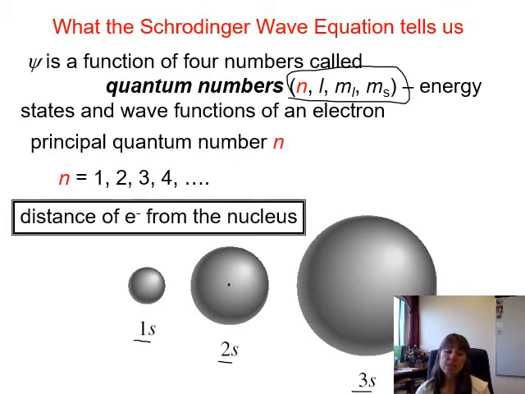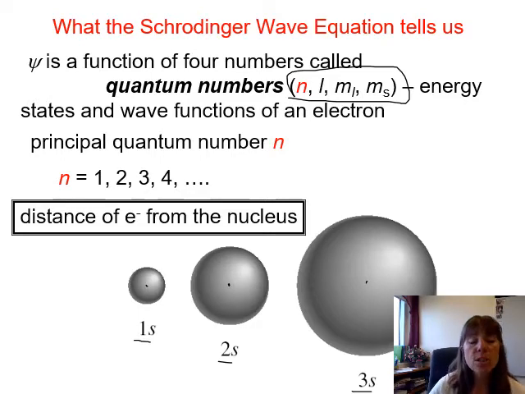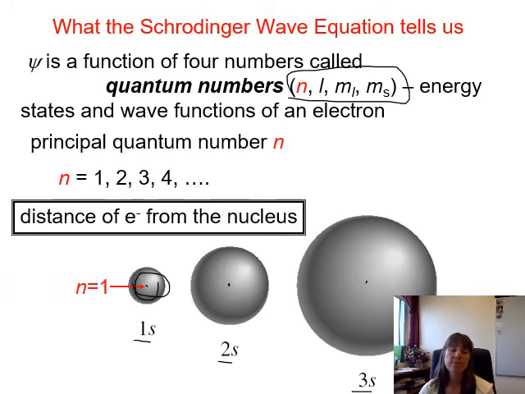So you can think of the nucleus being in the center of all these, and that the quantum number for each just tells you what's the probability of finding an electron in this space. So those are three different quantum numbers, n = 1 through 3 for the s electrons, and the shape that the Schrodinger equation is predicting.